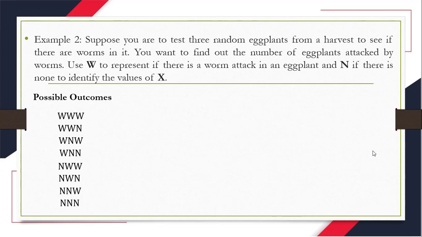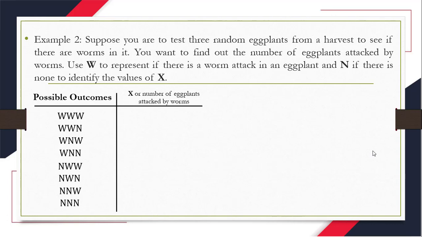If you remember, we already got the possible outcomes in the last video, so we only need to list them all down. The corresponding values of these possible outcomes, or the values of our random variable X, which is the number of eggplants attacked by worms, are 3, 2, 2, 1, 2, 1, 1, and 0.